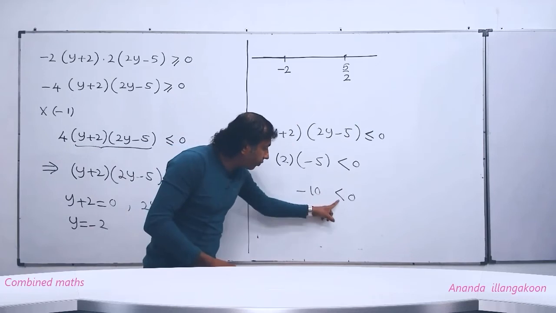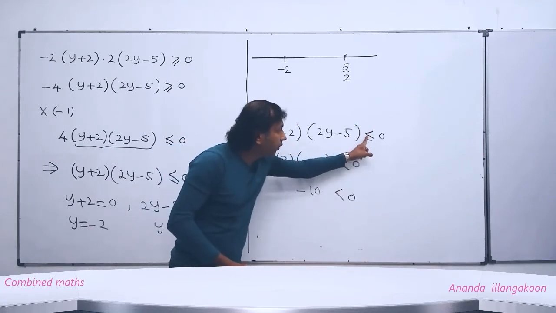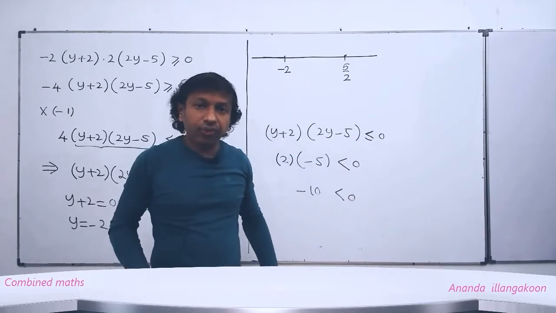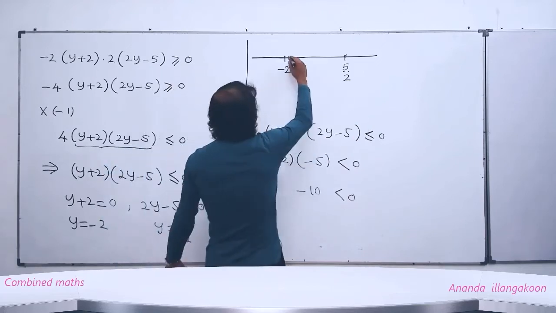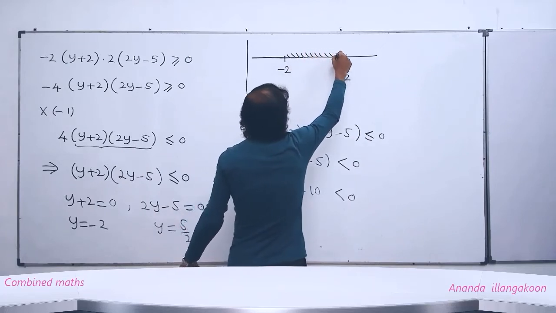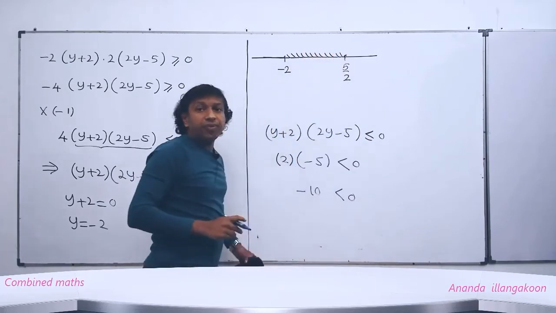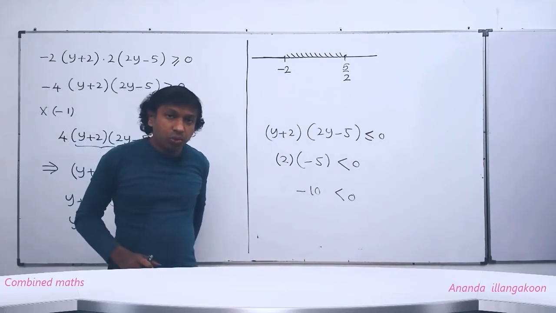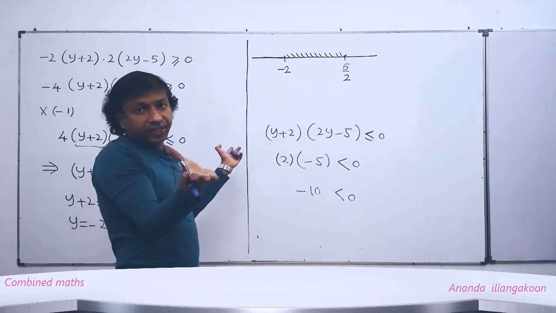That means this sign becomes true. So therefore, this region we have to accept, because in this region only that substituted 0 lies. When we select one region as true, the other adjacent regions will not be true.